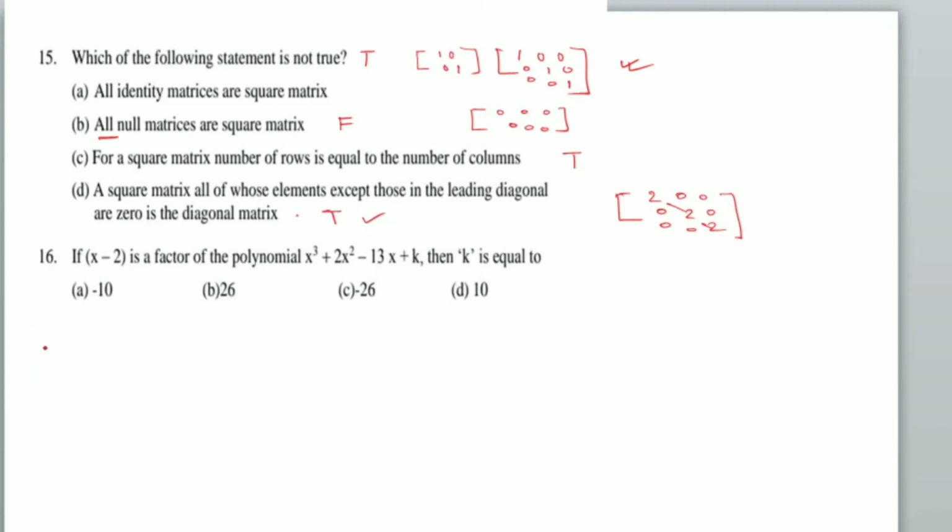Okay. Next one, we solve problem number 16, and the problem is if x minus 2 is a factor of the polynomial x cube plus 2x square minus 13x plus k, then k is equal to what? Minus 10, 26, minus 26 or 10. I think all of you know the factor theorem.